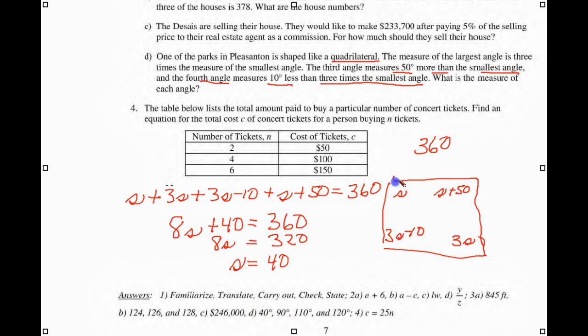So S is 40. 40 plus 50 is 90. 3 times 40 is 120, minus 10 is 110. And 3 times 40 is 120. And there are my 4 angles. And look at that, we got the right answer too.